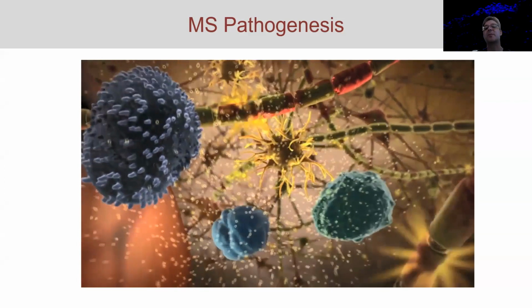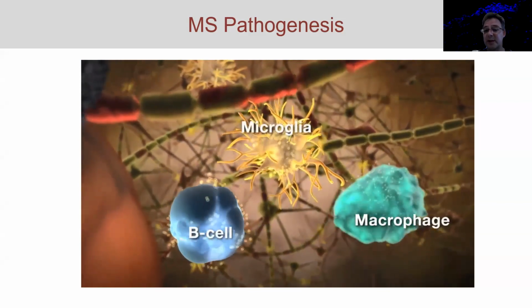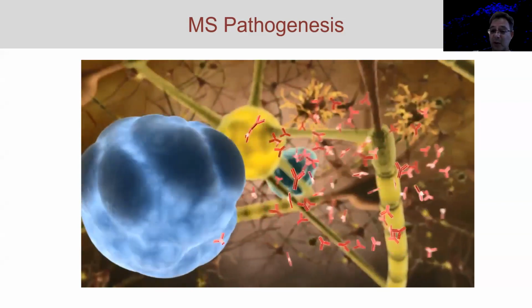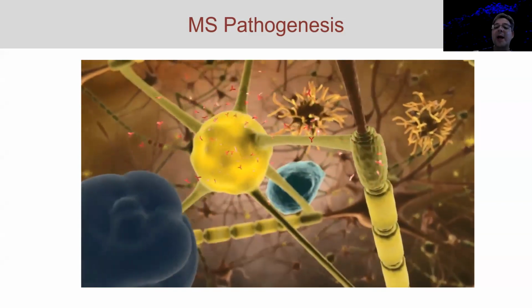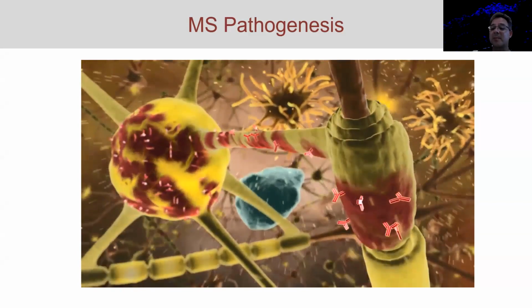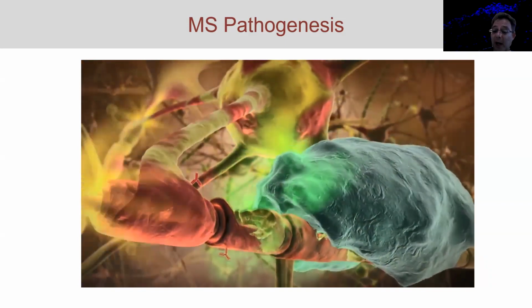And this is by expanding the inflammatory milieu within the central nervous system compartment, activating innate cells such as microglia within the central nervous system, but also activating cells that have ended up in the central nervous system, such as T cells and B cells, to produce antibodies that target myelin specifically.